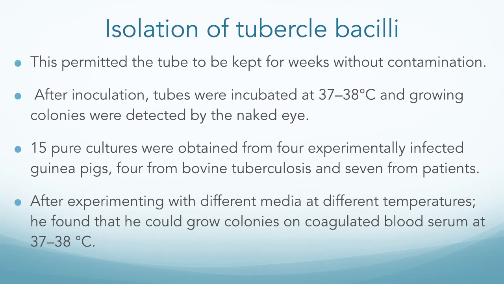After experimenting with different media at different temperatures, Robert Koch found that he could grow colonies on coagulated blood serum at 37 degrees Celsius. So 37 degrees Celsius, that is the body temperature of a human being, was the optimum temperature for the growth of the bacteria.